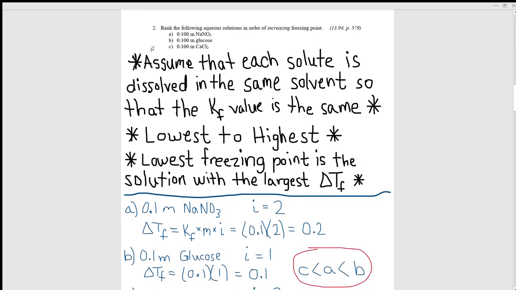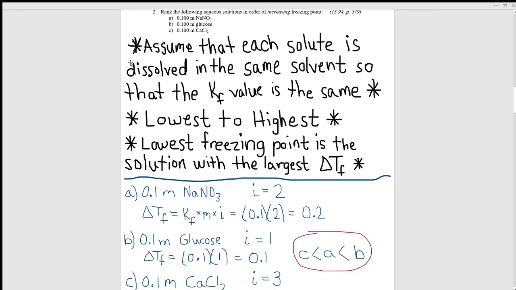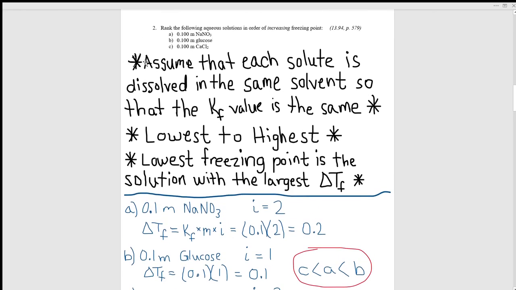Another important thing to realize here is that we need to assume that each solute is dissolved in the same solvent, so that the K_f value is the same in each case. Being that we're only given the molalities of each of these solutions, we can assume that the solvent used to dissolve each of these solutes is the same.